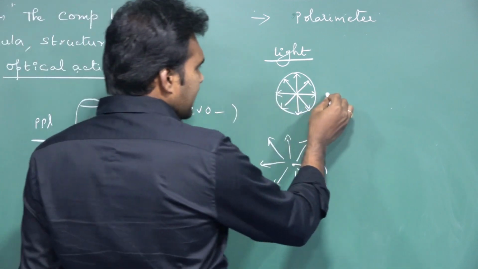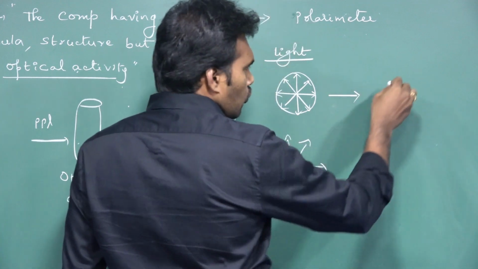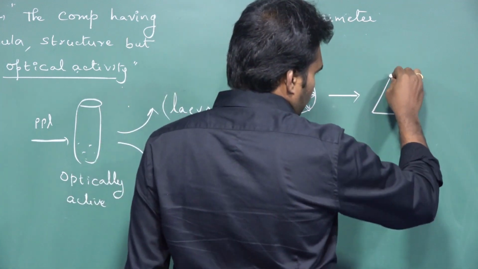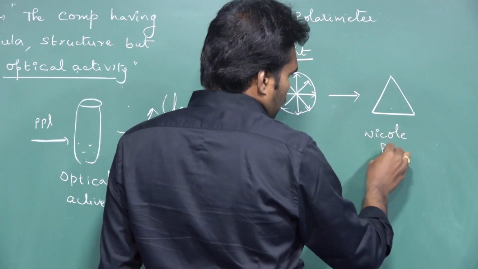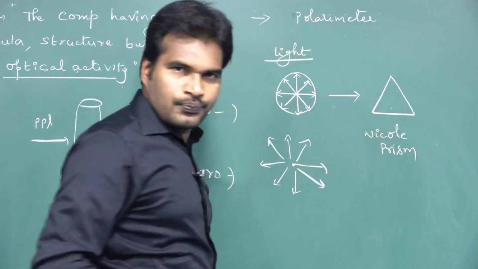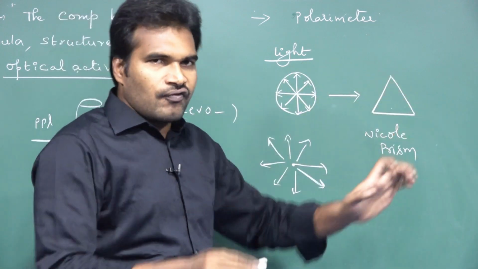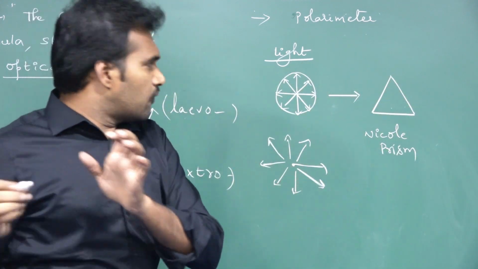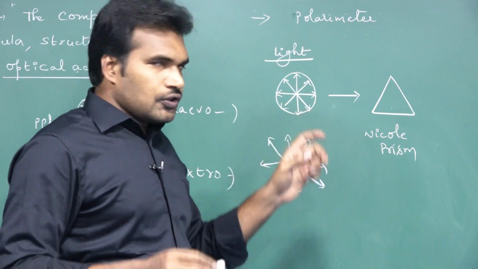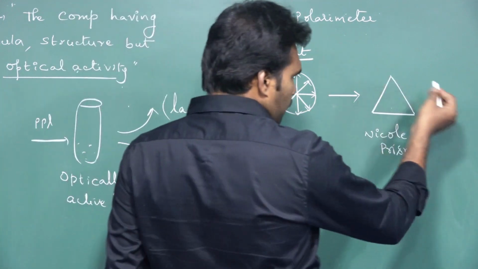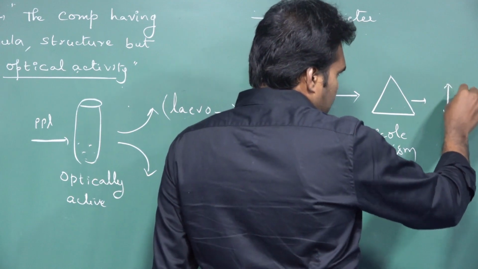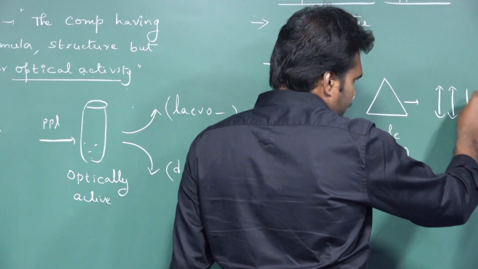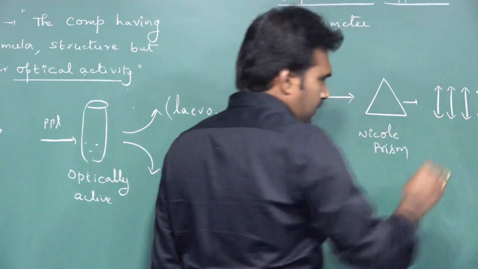Now when you irradiate this light into the nicol prism, what happens? This nicol prism will filter all these radiations into only one direction. That means after we irradiate into that, the light will come out in the same plane like this.